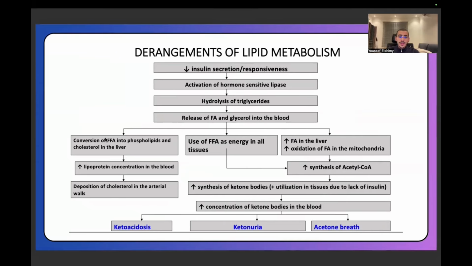These free fatty acids are converted into phospholipids and cholesterol. So this would lead to increased lipoprotein concentration in the blood, and this cholesterol would deposit in the arterial wall, and that's why when patients have diabetes, they are also prone to hyperlipidemia and atherosclerosis.